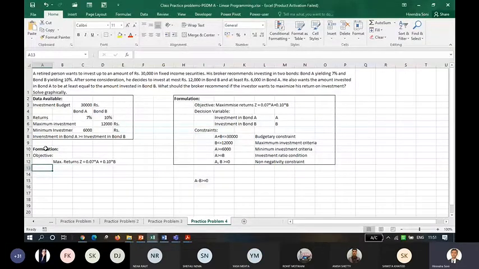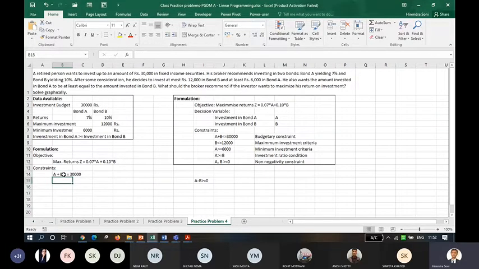What about my constraints? I will be using it for formulation also. So my first is A plus B has to be less than or equal to 30,000.